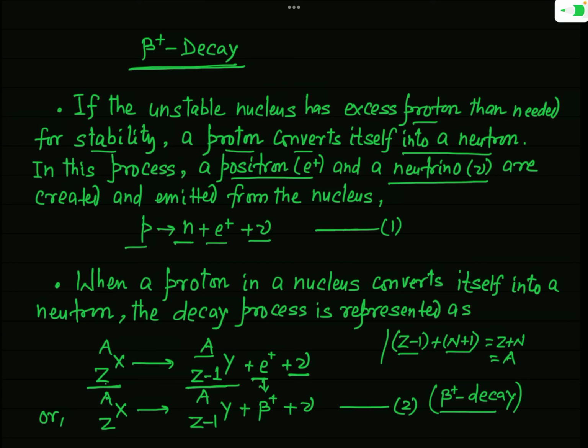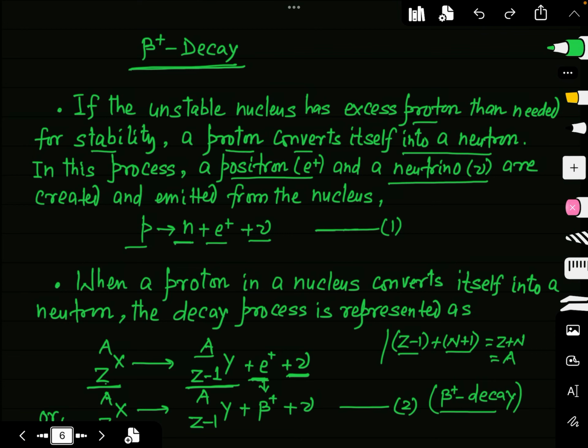So the rest mass energy corresponding to the neutrino will be equal to 0, and we will not consider the neutrino in calculating the value of Uf. So the rest mass energy of the final constituents will be simply the rest mass energy of the daughter nucleus plus the rest mass energy of this positron.